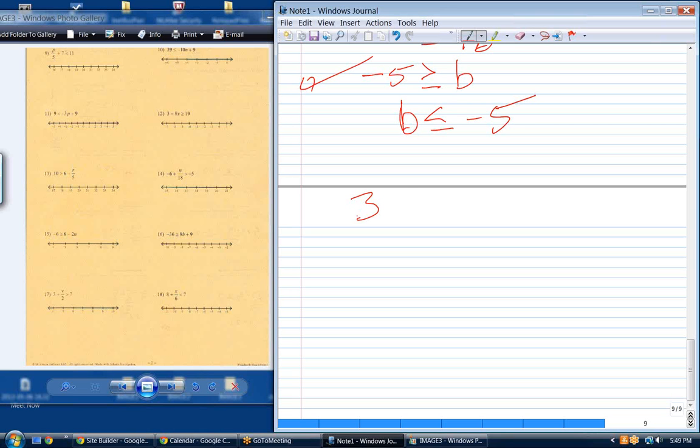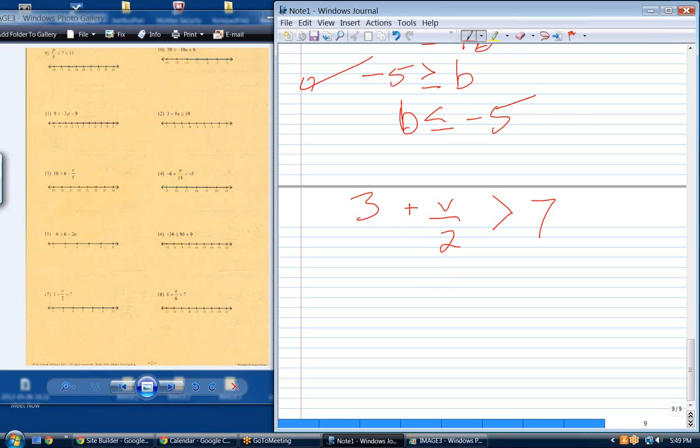Can you help me read that? Yeah, so 3 plus v over 2 is greater than 7. Next line. Okay, so 3 minus 7. Now again, we want to get our numbers on one side and our variables on the other.